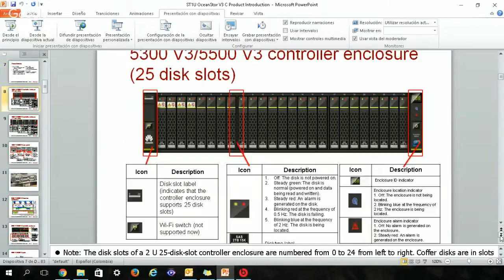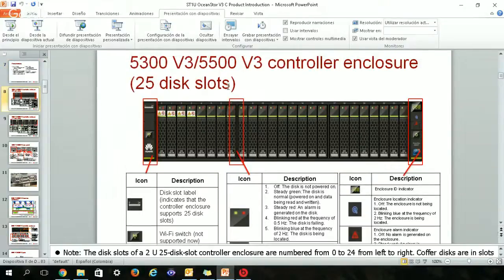The 5300, 5500 controller enclosure, 25 disk slots. So this is one of the presentations. Now we're talking about the entry level, well, actually, for small enterprises, the 5300, 5500 controller enclosure. Before that, we've got to say what a controller enclosure is.